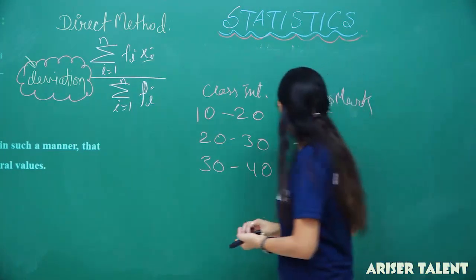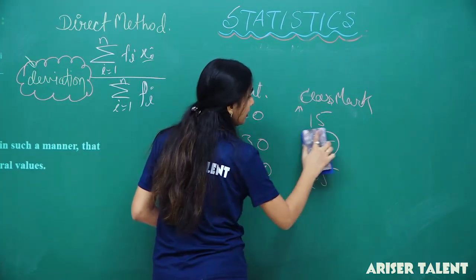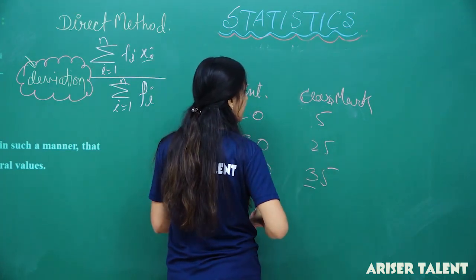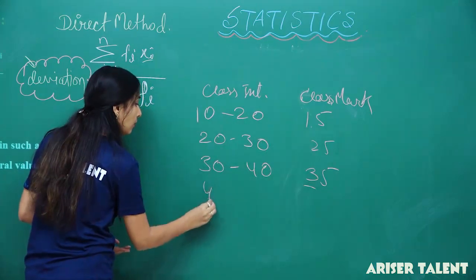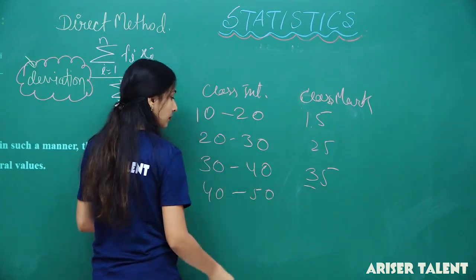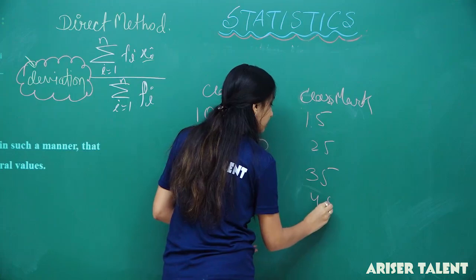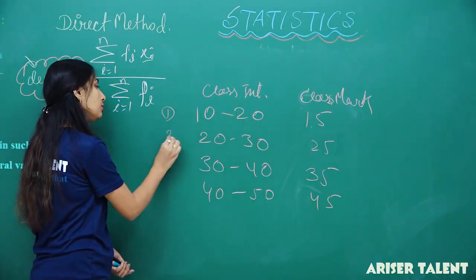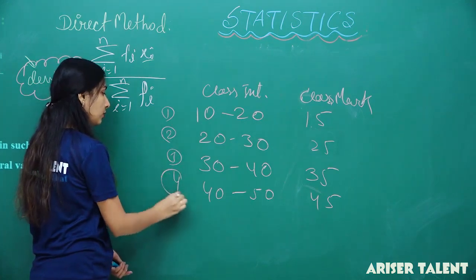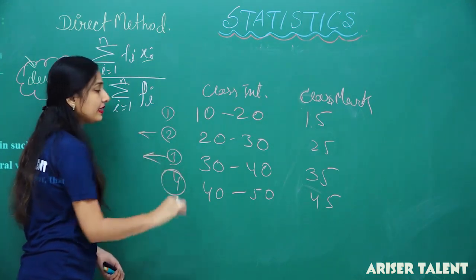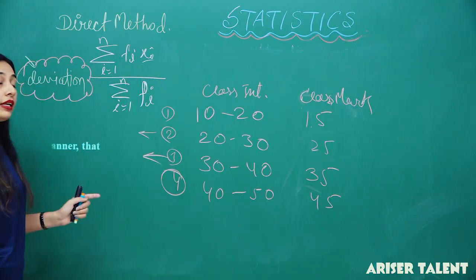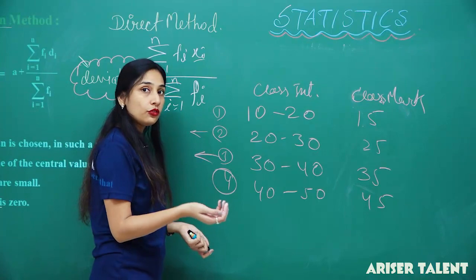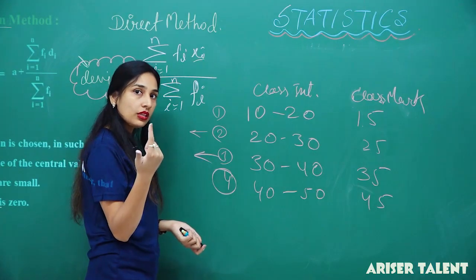But what if I add one more class interval, 40 to 50? Now students, in this case there are 1, 2, 3 and 4 values, so 2 and 3 will be the central values. In the case of odd numbers, you have just one central value.